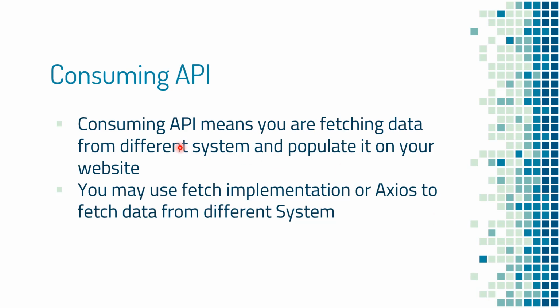So consuming an API, when you hear that term, means you are fetching data or interacting with this API from different systems. The interaction is either to populate the returned data in your system, or to perform some specific action based on this API.